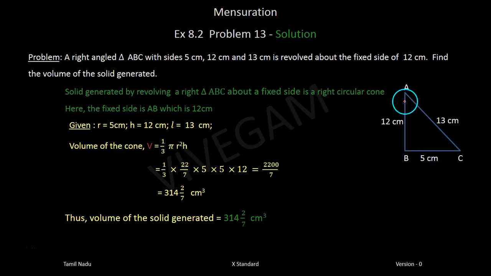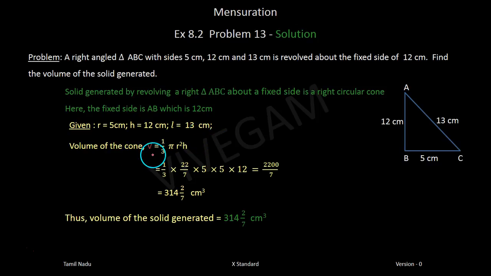So the whole thing is rotated horizontally. Once that is fixed, this becomes the radius, this becomes the height, and this becomes the slant height. So r equals 5 centimeter, h equals 12 centimeter, slant height equals 13 centimeter.